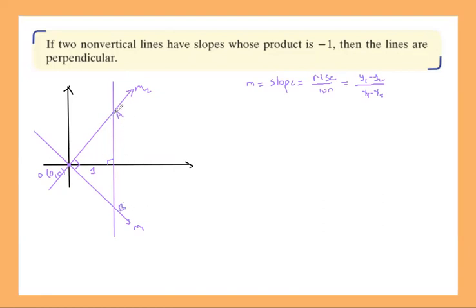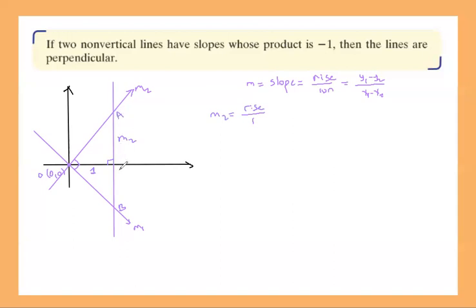Since the slope is rise over run, if the slope of this line is m2, then m2 is equal to rise over run. The run is this distance, which is 1 unit. I chose that intentionally, so I can get the rise in terms of the slope with a nice number. So the rise over 1 is m2, meaning this distance is m2 units.